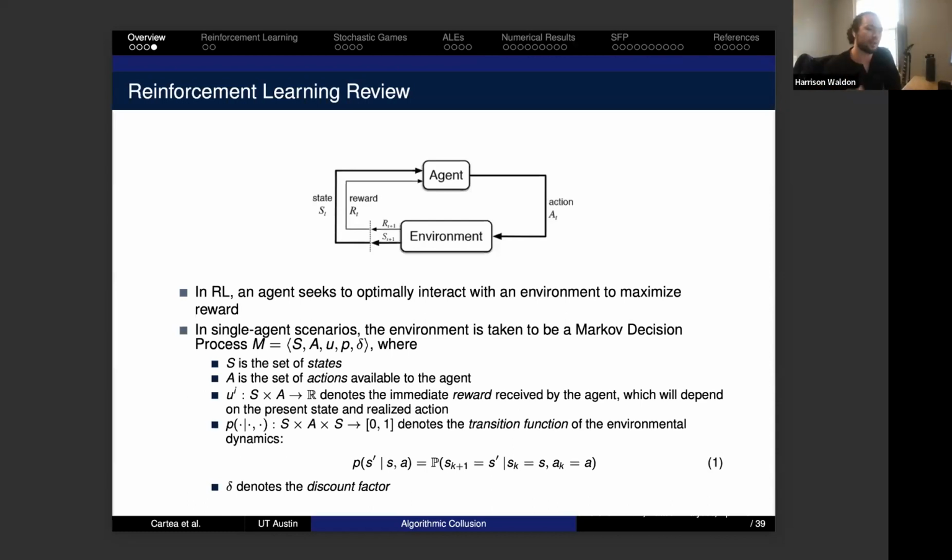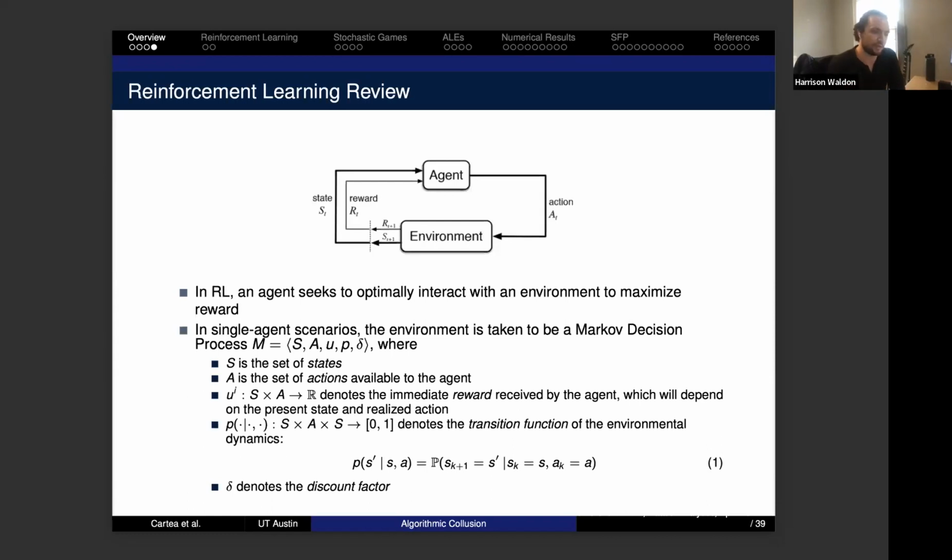Formally, RL is the optimal control of a Markov decision process, which is given by the tuple S, A, u, P, and delta, where S is the set of states that the environment can be in. A is the set of actions available to the agent. u denotes the immediate reward received by the agent, which will depend on the present state of the environment and the realized action.